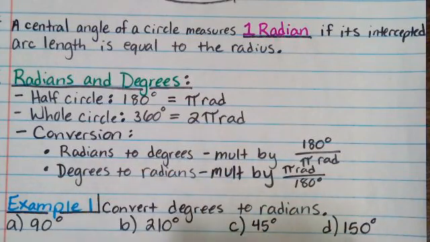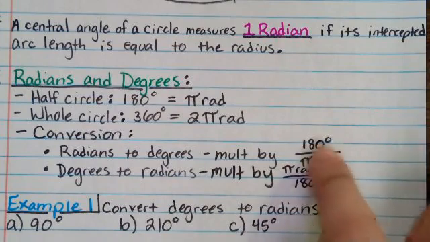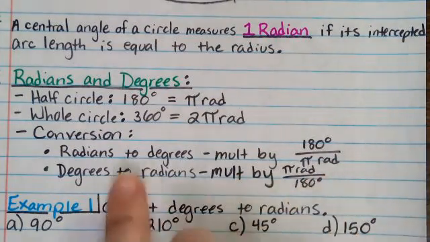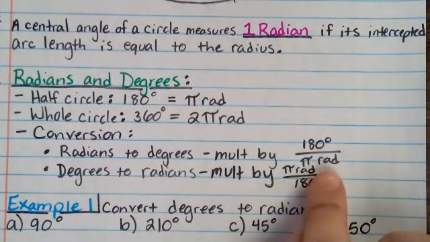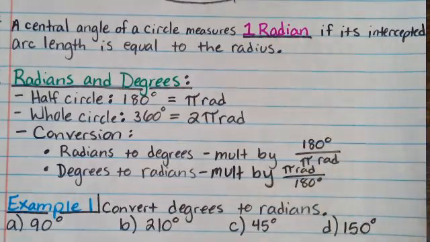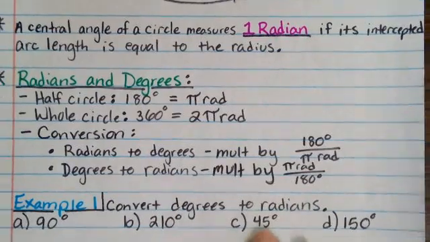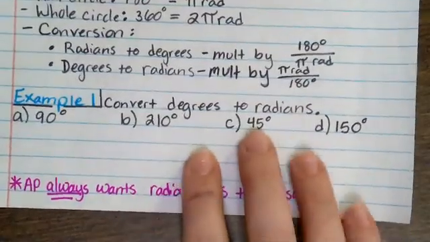Either way, you're going to use the same relationship because 180 degrees is the same length as pi radians. So we're going to use that as our conversion factor, 180 degrees over pi radians. If we're going radians to degrees, we want radians on the bottom because we'll want the radians to cancel out. If we're going degrees to radians, we need the reciprocal of that so that the degrees will cancel out.